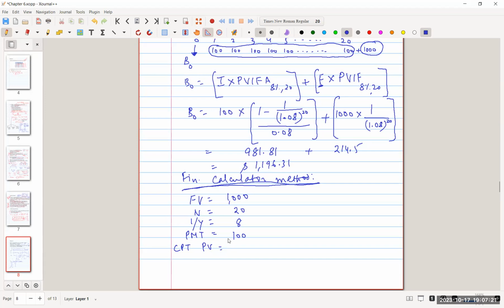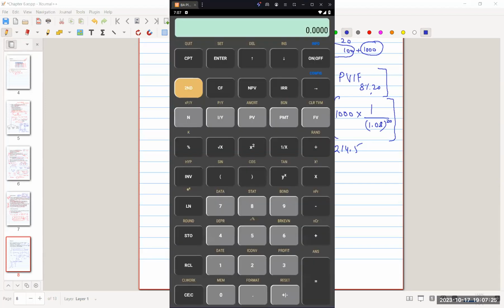So let's implement this on the calculator. Is my calculator visible to you? Okay. Just like I told you last time, always make it a habit: second function, clear TVM, so that all previous memories are erased.